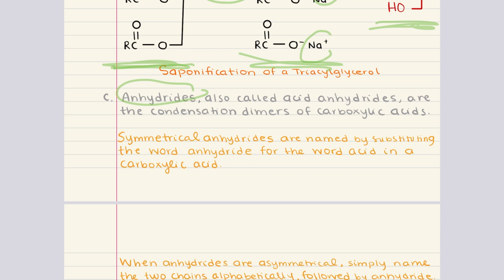Anhydrides can be symmetrical or asymmetrical, and the naming rules depend on the distinction. For symmetrical anhydrides, both sides of the molecule are derived from the same carboxylic acid. To name them, simply take the name of the original carboxylic acid and replace the word acid with anhydride.